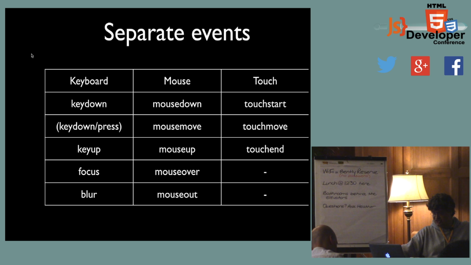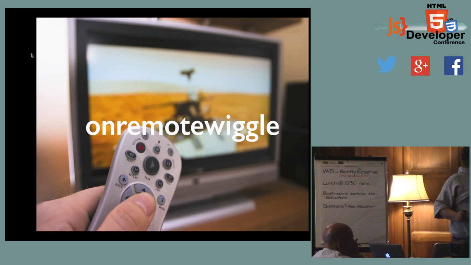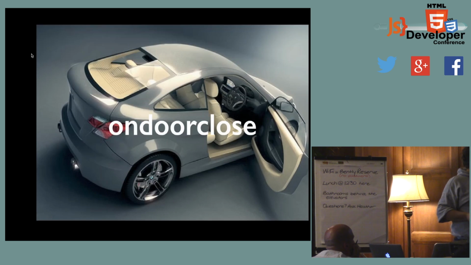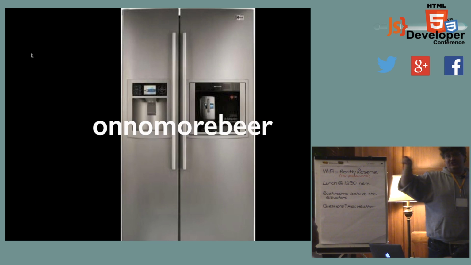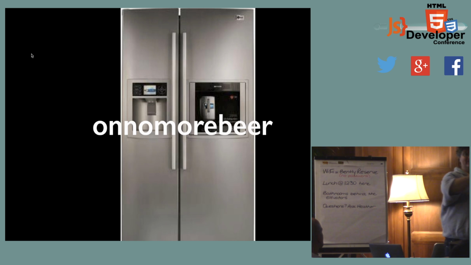But I first want to show you the values. What the value is saying is which action should be performed by the operating system. So if you say pan-x, then the pan-x action should be handled by the operating system, and everything else will be handled by your script.